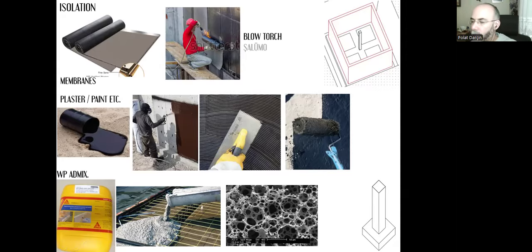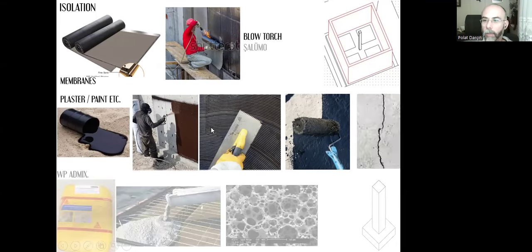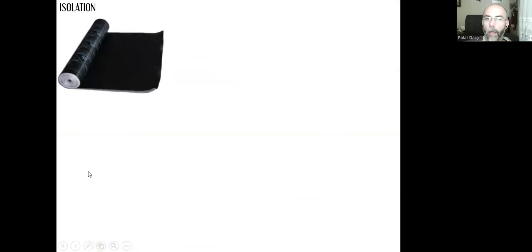And those cracks will let the water penetrate towards the basement floor. So that's something we need to avoid. However, these membranes are elastic. Even if the concrete cracks, these membranes will hold. They won't let the water pass through. They won't tear up. And these are very thin membranes.